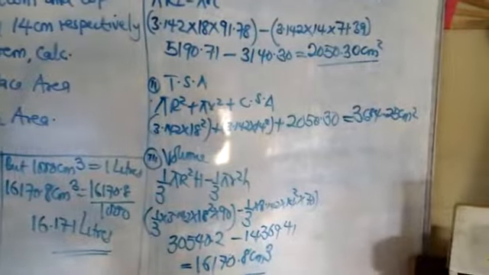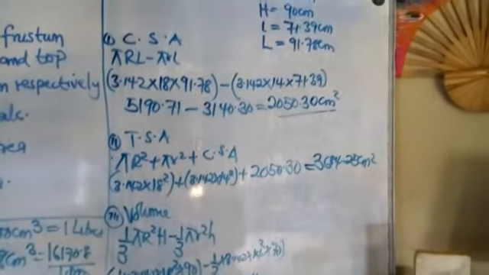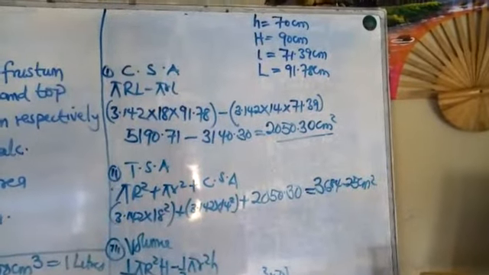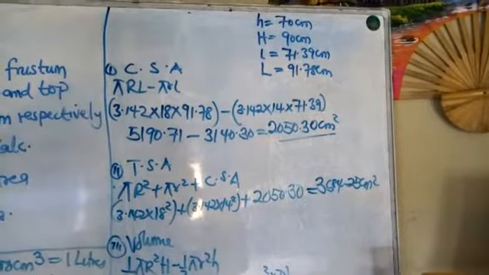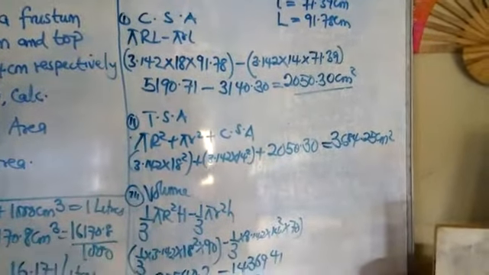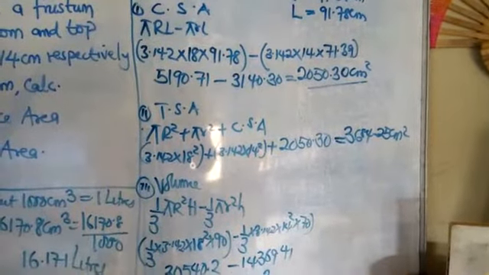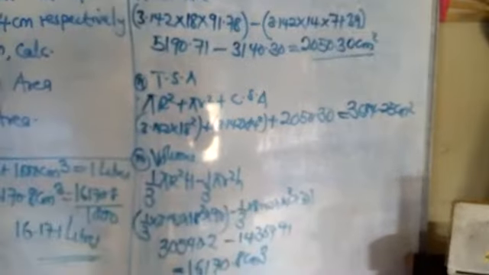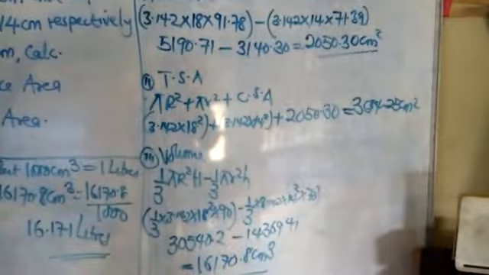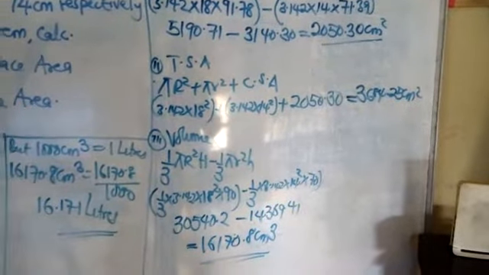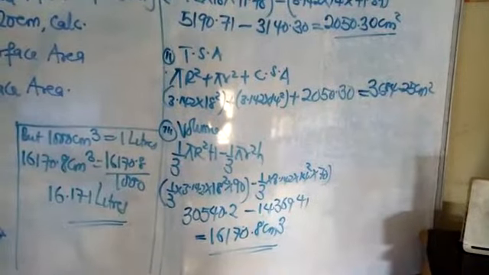So let me give you a little time to write it down before we call it a day. We solved for the various parameters: H, big H, L, small l, and big L. We substituted into the formula for curved surface area and got that. Then TSA, the total surface area, is πr² plus CSA. We got that. Then the volume, of course, 1/3 of the base area times height.